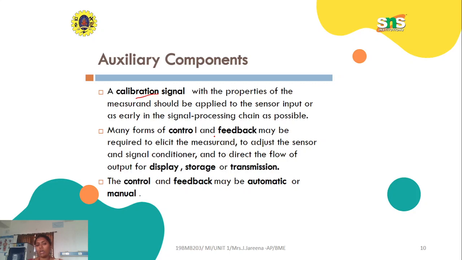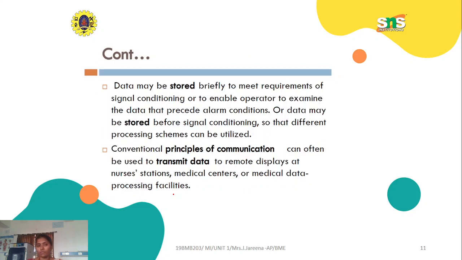And we have the other option of storage and transmission, which is also going to be an auxiliary component. As I said, the control and feedback block can be operated as automatic or manual. And the other auxiliary is storage and transmission.